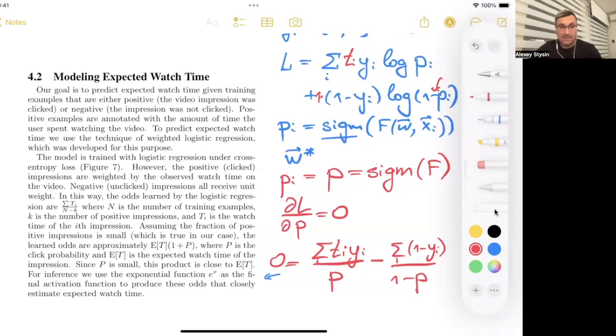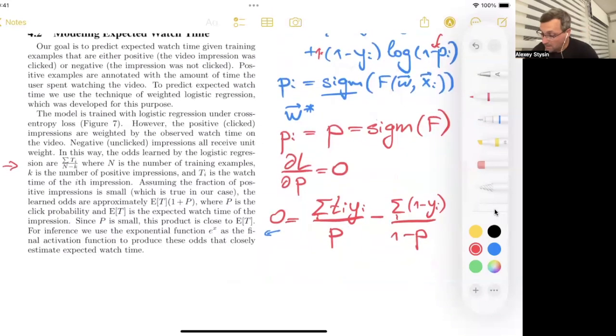So what they say here is that the odds are given by this expression. Well, the odds are p over 1 minus p. This is the definition of the odds.